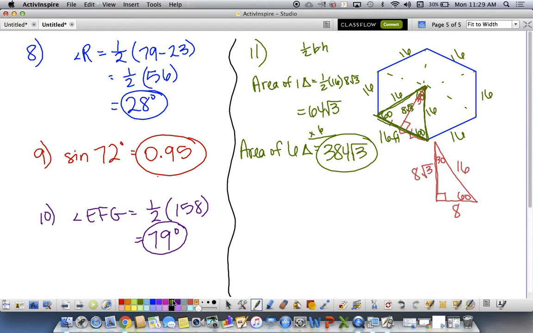Yes. Or if you plug that in your calculator with the square root of 3, it's approximately 665.1 feet squared. Okay? My answers have the square root of 3, but I will take either one because they don't specify.